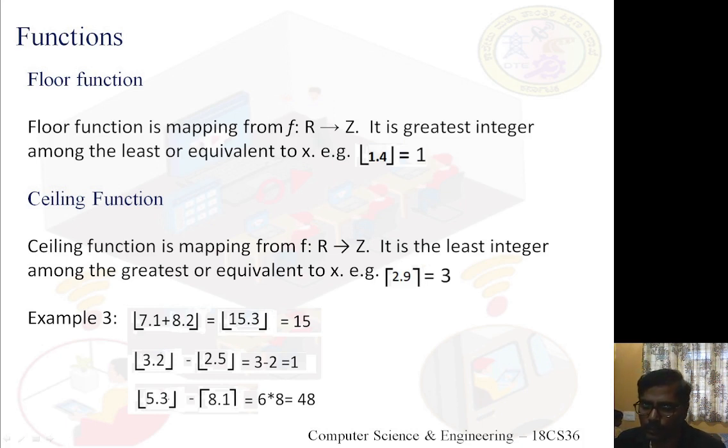So what is the output of the floor function for a particular real number, say x? For a real number x, the output is the greatest integer among those less than or equal to x.